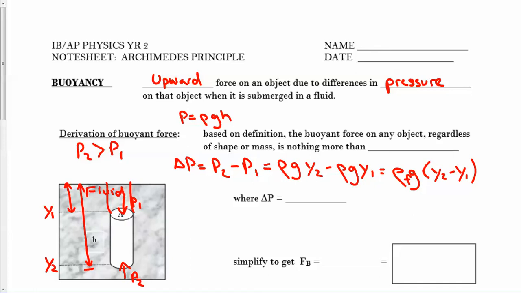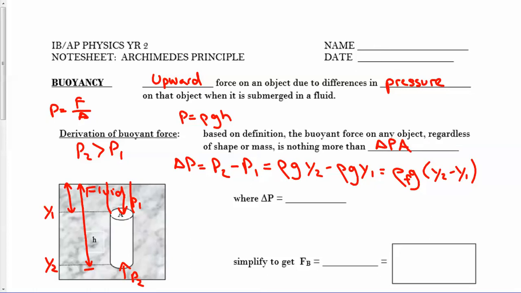So based on the definition, since pressure equals force over area, if I want to figure out a buoyant force, it's got to be nothing more than the change in pressure times the area.